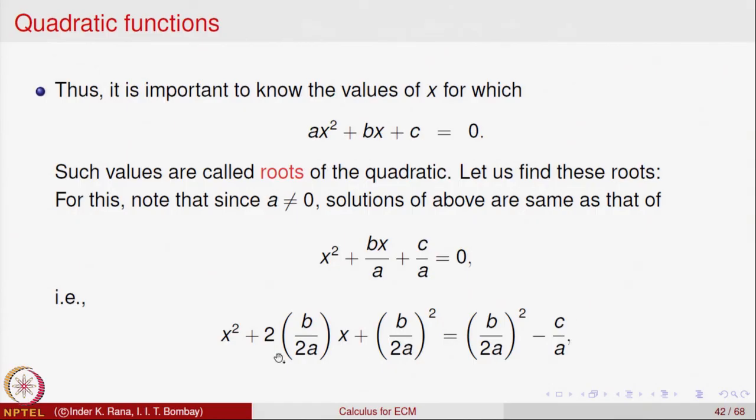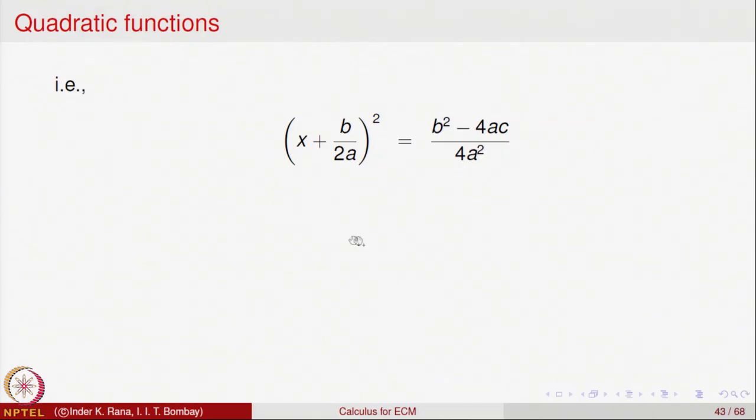This reminds one of a formula in school algebra, x² + 2·something·x + something² equal to something. The left hand side is a perfect square, the square of x + b/2a. So using the algebra formula, one writes (x + b/2a)² = (b² − 4ac)/4a².